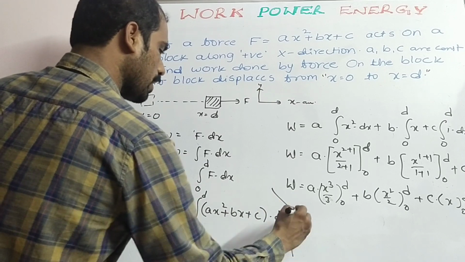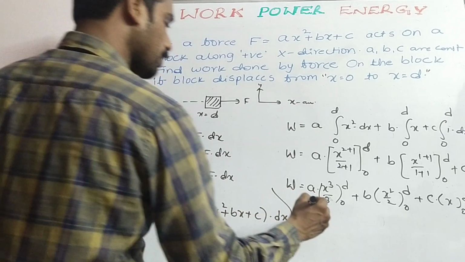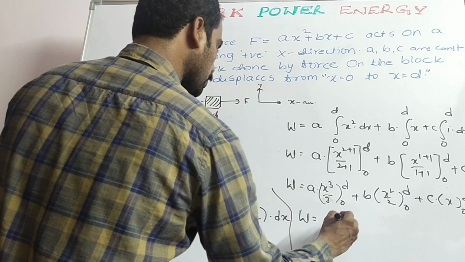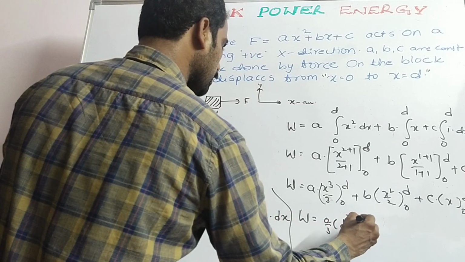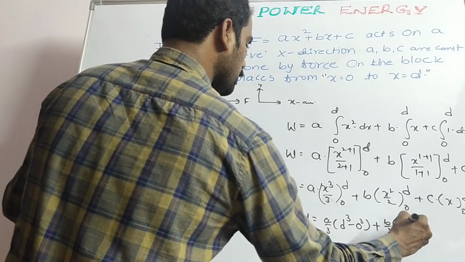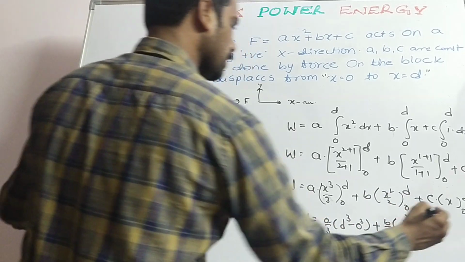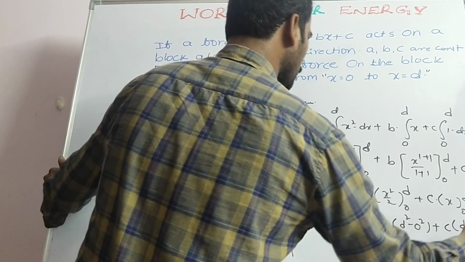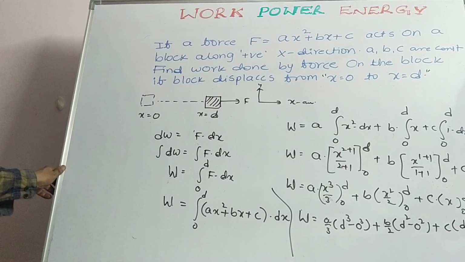So by applying upper limit first, W is equal to a by 3 into d cube minus 0 cube plus b by 2 into d square minus 0 square plus c into d minus 0. That is the expression.